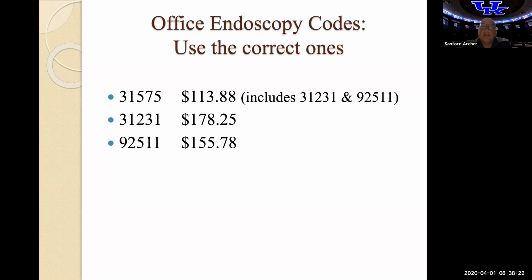And so the reason the 31575 code is reimbursed at a much lower level is because CMS has a pool of money that's associated with each code, and it's revenue neutral. And so the more people that are doing these procedures, the thinner the pot becomes.